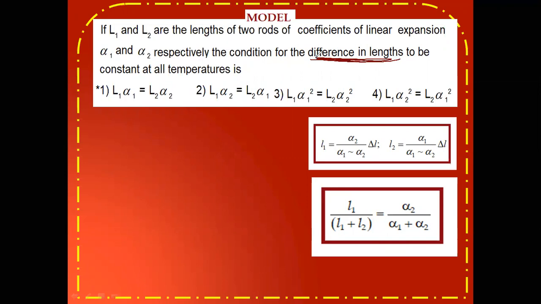The difference in their lengths is to be constant at all temperatures. So if the difference in the length is constant at all temperatures, what are the points we have to keep in mind?